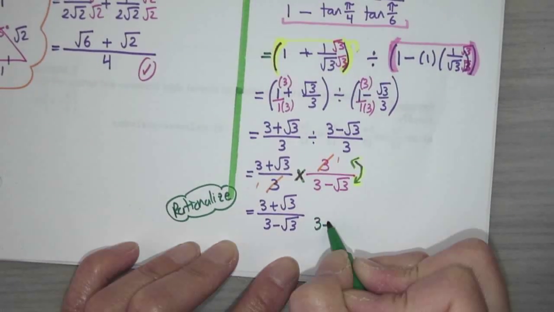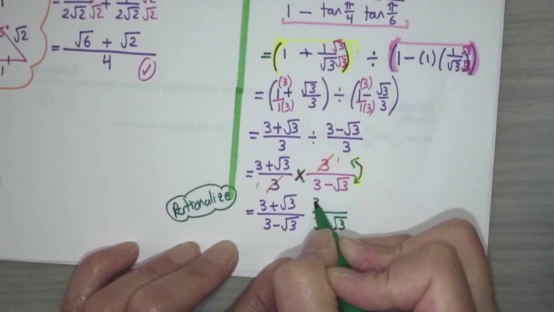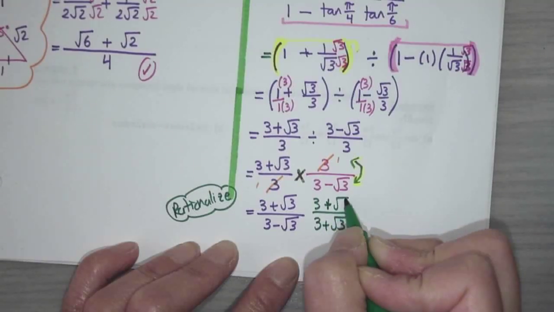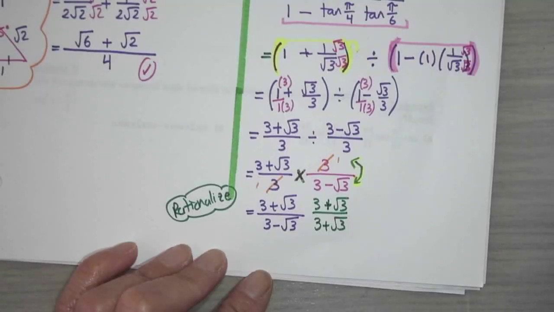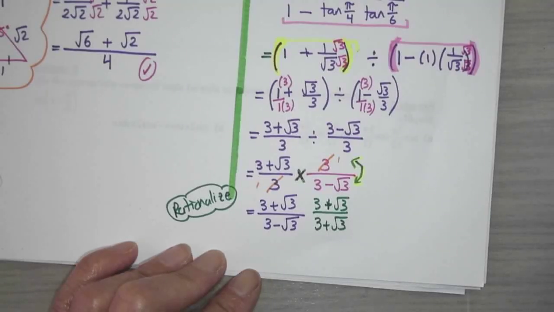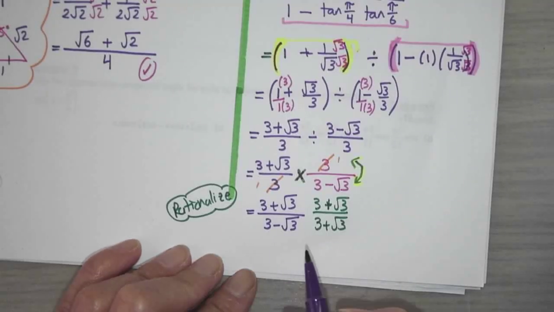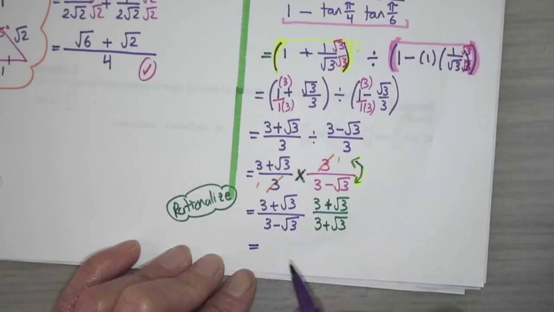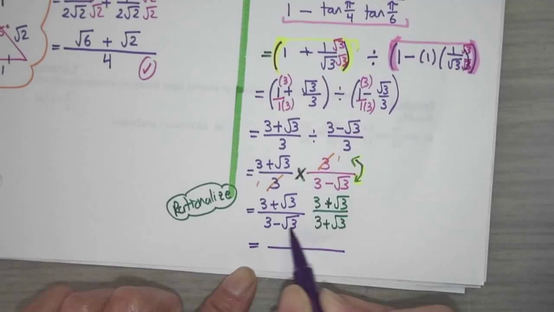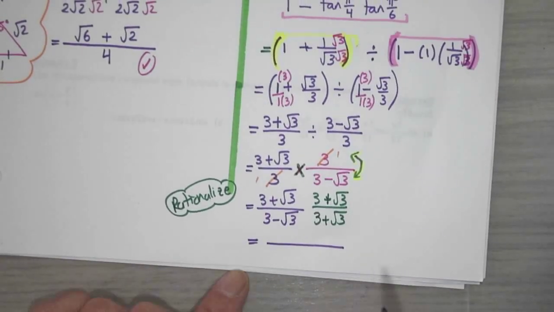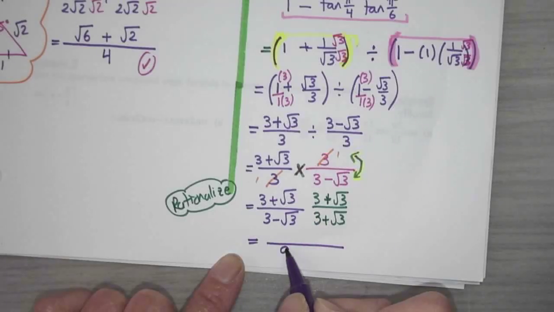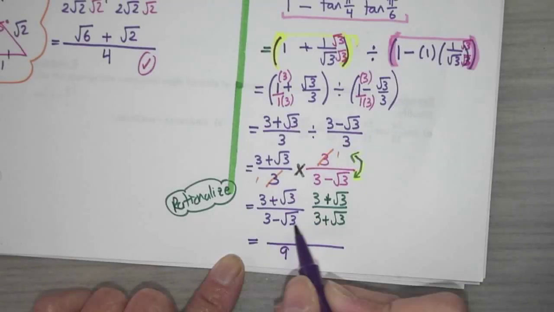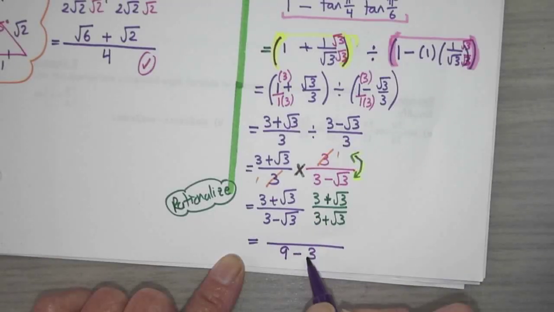So it'll be 3 plus root 3, 3 plus root 3. Then we're going to do equals. Are we ready? So equals, the denominator here is the difference of squares, like I showed you above. So 3 times 3 is 9, minus 3. Right, the middle term goes away, difference of squares.